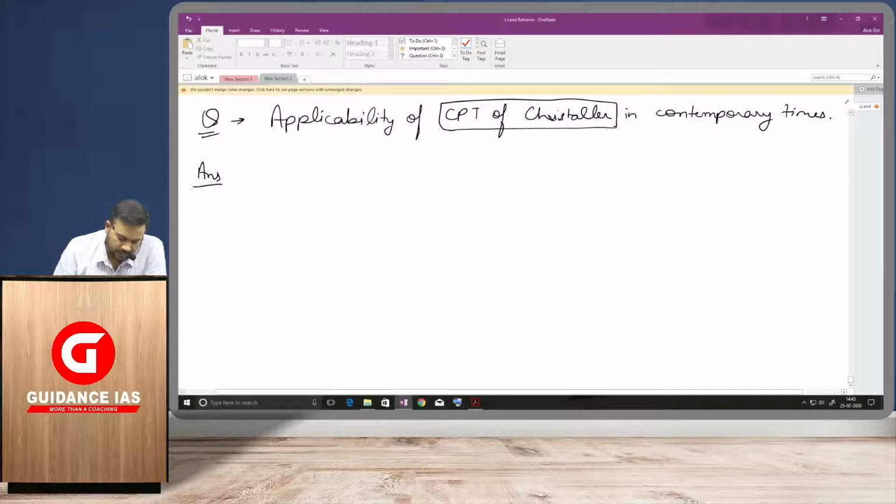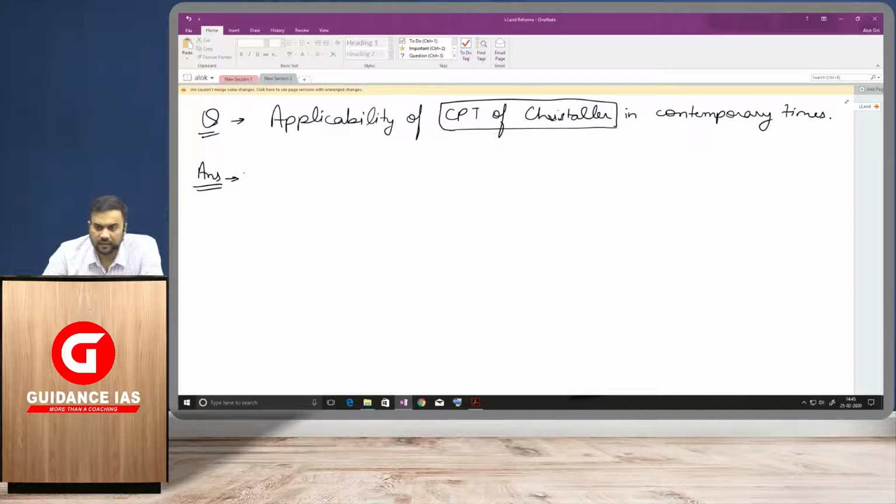Suppose if I had to write this answer, as we have seen, whenever you have to talk about the application of a theory, you will talk about it from two perspectives. Whether the theory applies fully, that we will test.